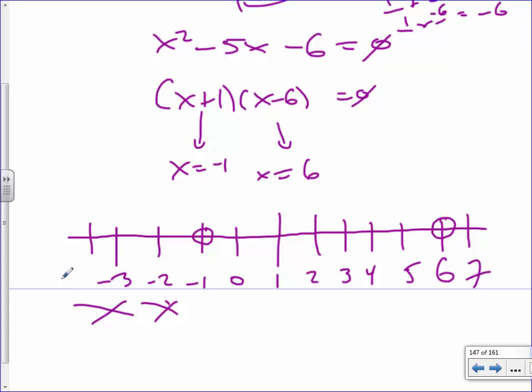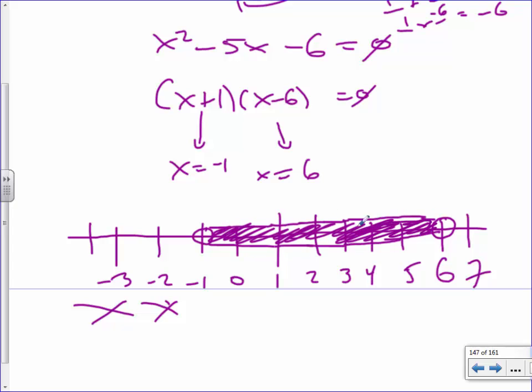Do you really want to also test 1, and then test 2, and then test 4, and then test 5.3, and then test, you know what I mean? In theory, every number in this region of the graph should work if you did it right. So what I'm going to do is draw a little bit of a bar between these ones then. I don't get to draw an arrow, unfortunately, because it doesn't extend forever, but this is a visual way of representing that every answer in this region of the graph here should work.